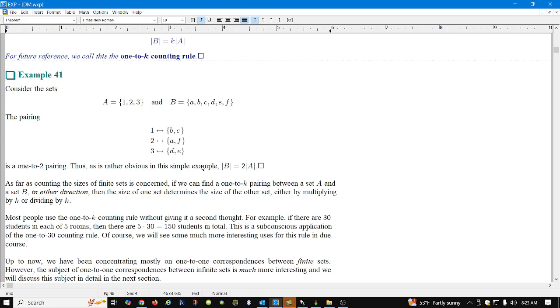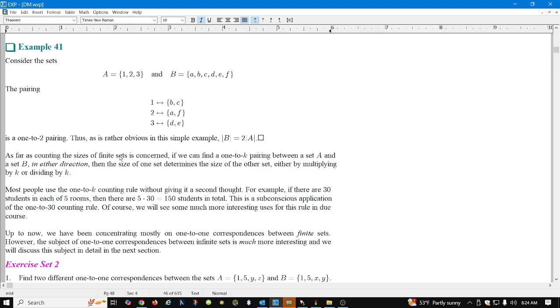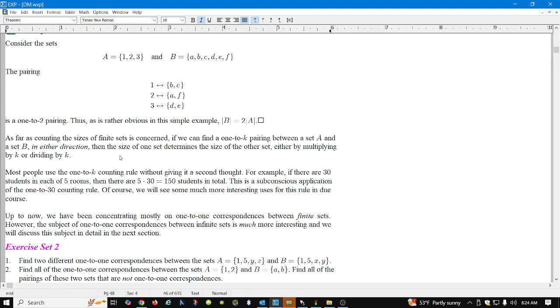As far as the counting of sets, the sizes of finite sets, is concerned, if we can find a 1-to-K pairing between the sets A and B in either direction, 1-to-K or K-to-1, then the size of one set determines the size of the other, either by multiplying by K or by dividing by K. In fact, most people, I think, use this 1-to-K counting rule without even giving it a second thought.